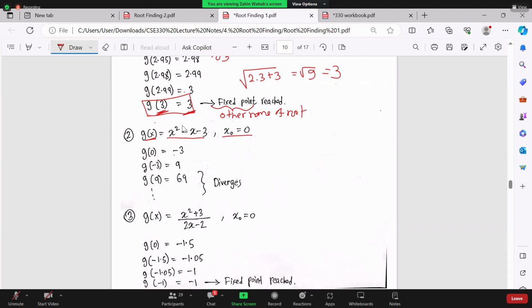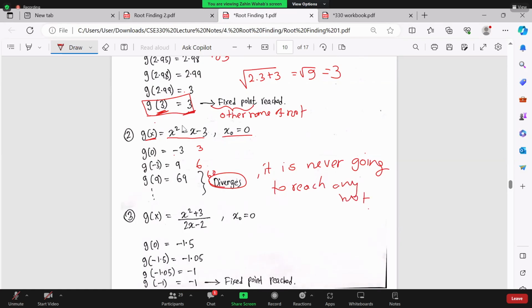And you see that the difference between input and output is increasing. Here the difference is only 3, here it's 6, and here it is 60. That means the value that you are placing in your function is far from the value that you are getting. So it is diverging, and it is never going to reach any root.